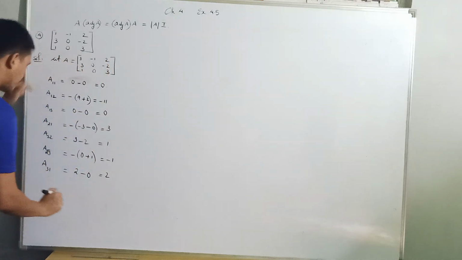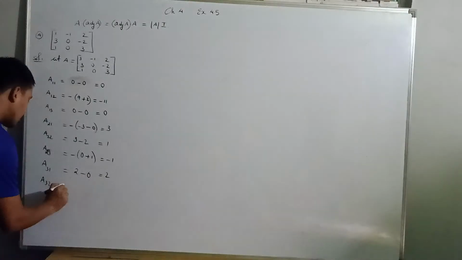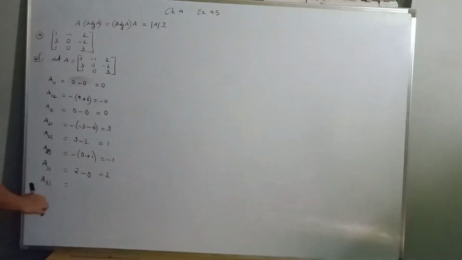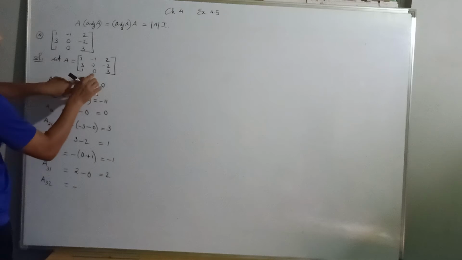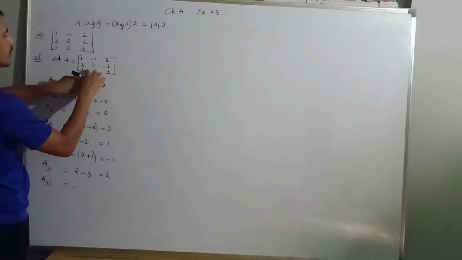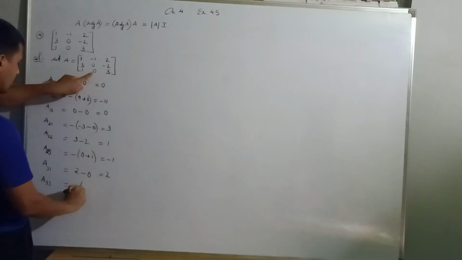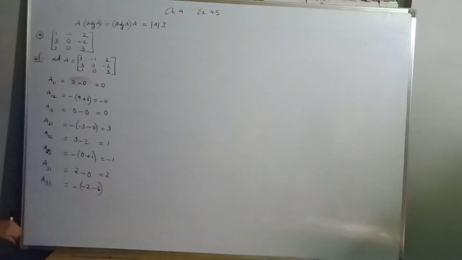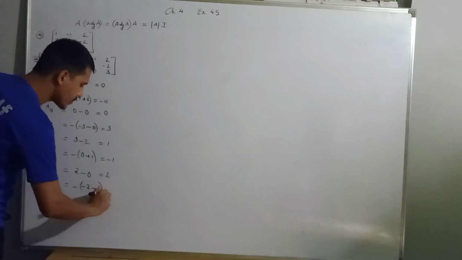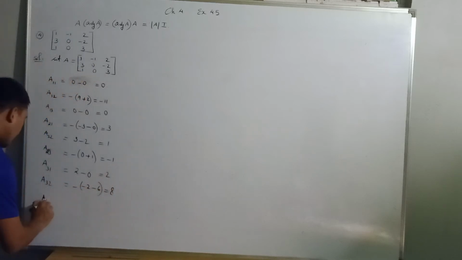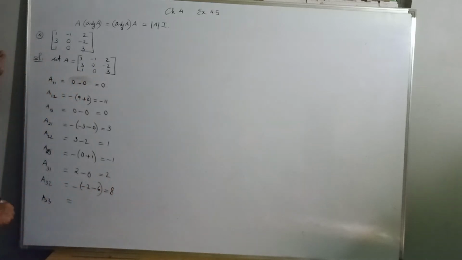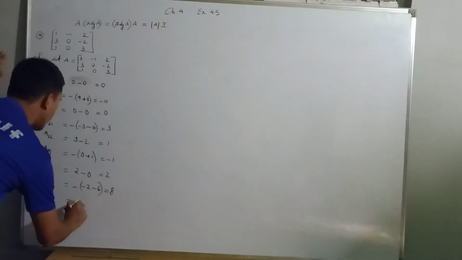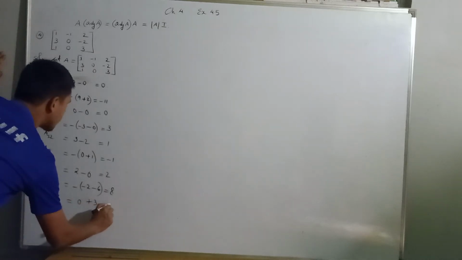So that's 2. Similarly, A32: 3 plus 2 is 5, minus 1 to the power 5 is negative. The minor of this element will be the determinant of 1, 2, 3, minus 2. 1 into minus 2 is minus 2, minus 3 times 2 is 6. Minus 2 minus 6 is minus 8, and with the negative sign it is plus 8. And then A33 will be positive: 1 times 0 is 0, plus 3, that is 3.